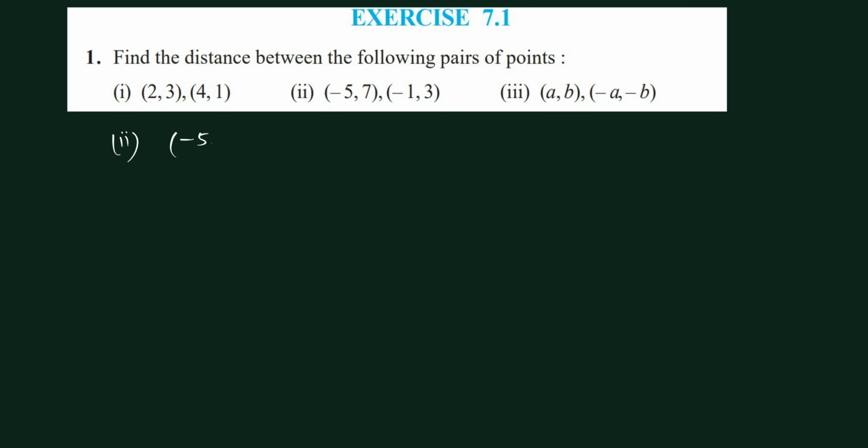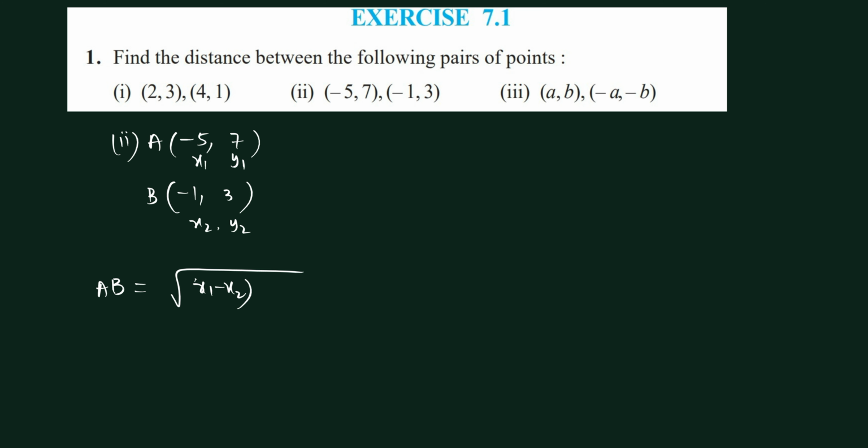Here we have minus 5 comma 7. Let us say this is A, the x1, y1 point, and the B point is minus 1 comma 3. Let us say this is x2, y2. The distance AB is equal to root over x1 minus x2 whole square plus y1 minus y2 whole square.